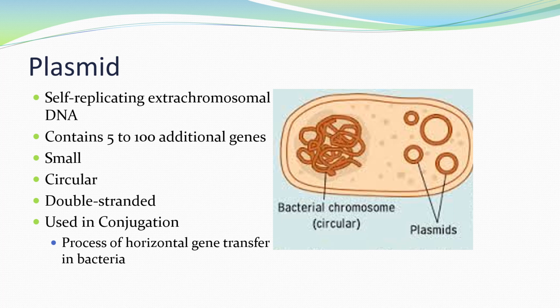They're a little bit smaller than the chromosomes found in a prokaryotic cell. They contain 5 to 100 additional genes. They are still circular like the chromosome found in prokaryotes, and they are double-stranded. They are going to be used in the process of horizontal gene transfer known as conjugation, which we will talk about next.